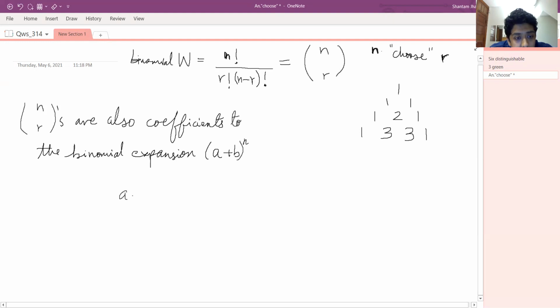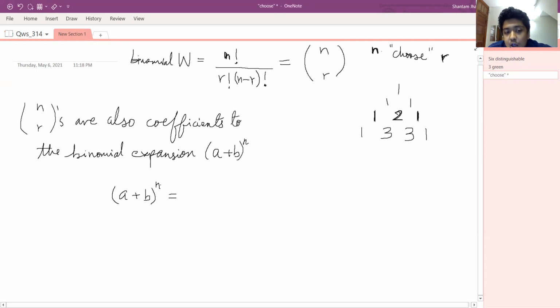When you expand this binomial raised to the n, for example, for n equals 2, we know a plus b squared is a squared plus 2ab plus b squared. And that's immediately clear from here. The coefficient of a squared is 1, plus 2ab, the coefficient of ab is 2, plus b squared, coefficient is 1.